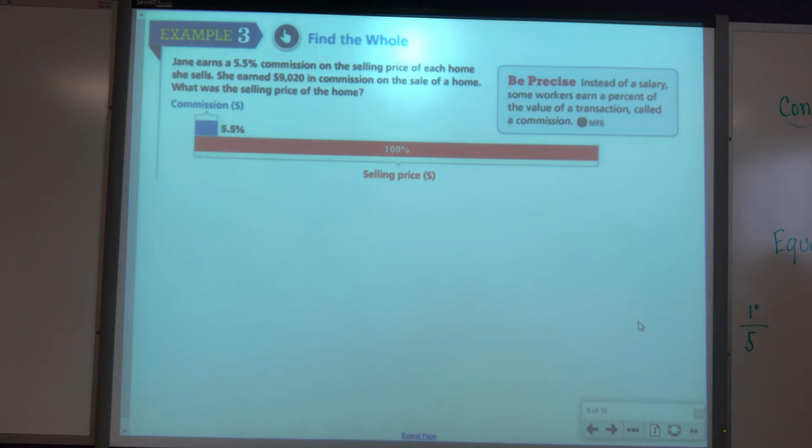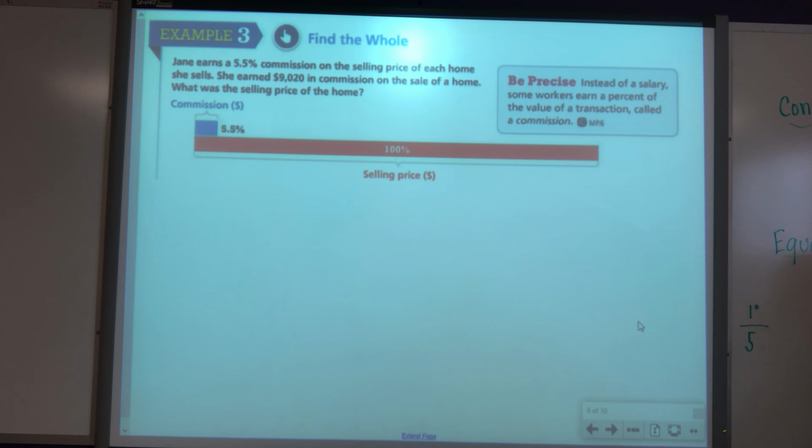Okay, so instead of a salary, where you get paid the same thing all the time, like every 2 weeks, some businesses and companies have their employees work on commission. So when you sell a home, you get a certain percent of the home's value. That's how much you get paid. People who sell furniture, insurance, or cars sometimes get commission.